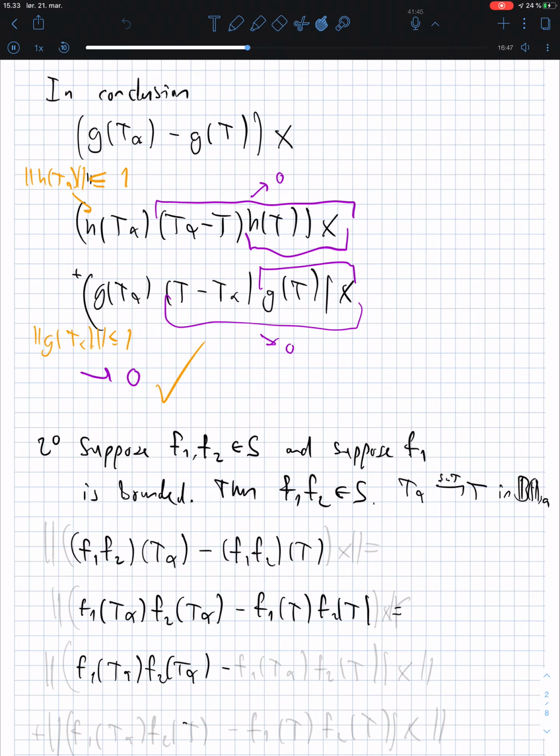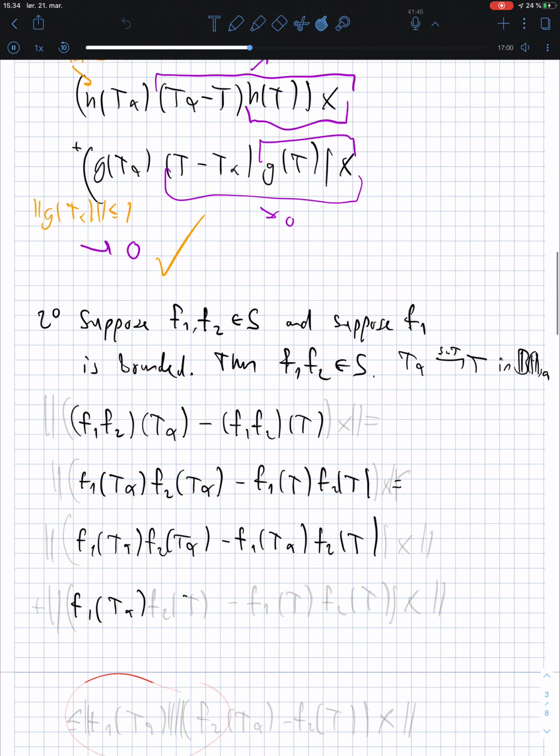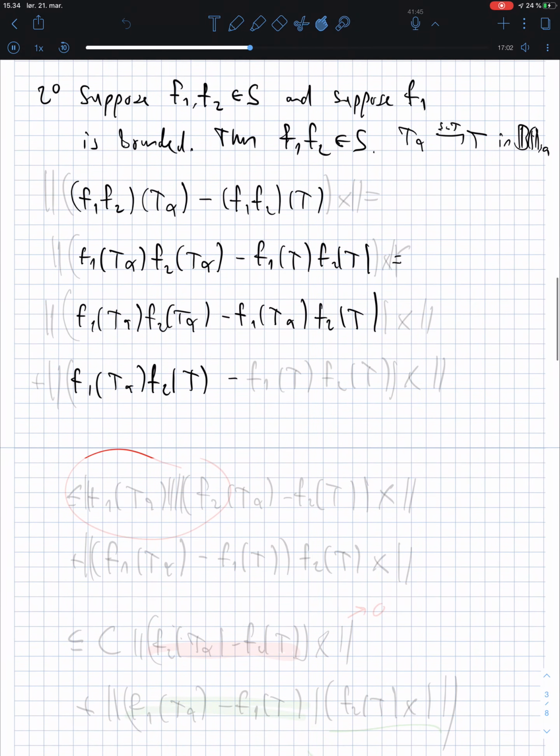So I'll just remove f1 t alpha, f2 t, and add it again: f1 t alpha, f2 t minus f1 t, f2 t.